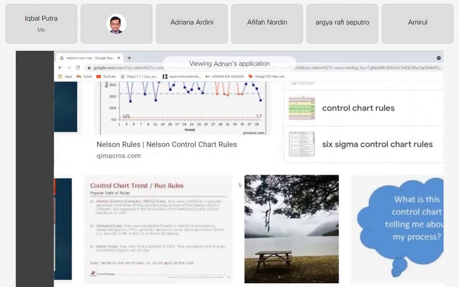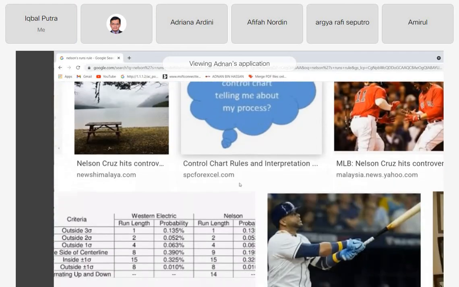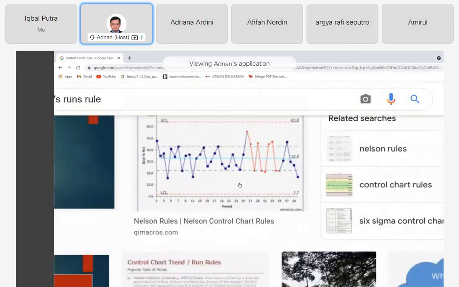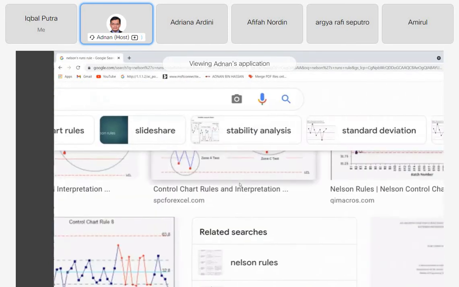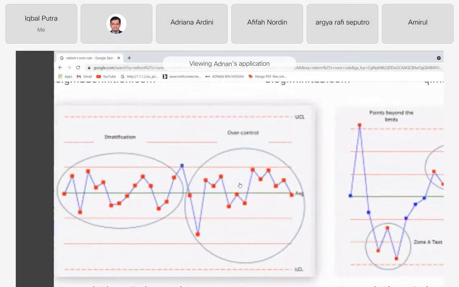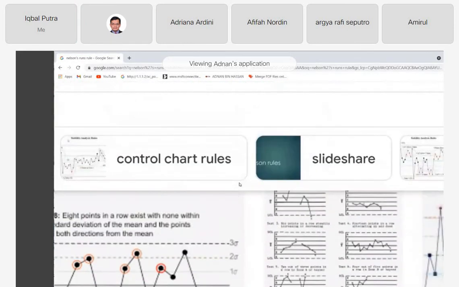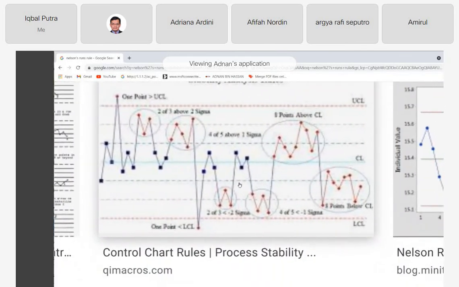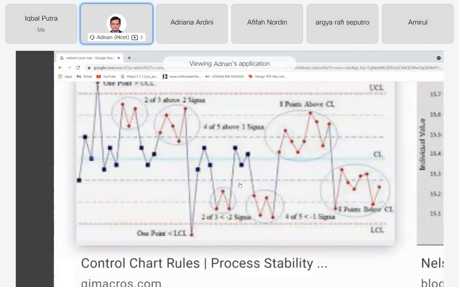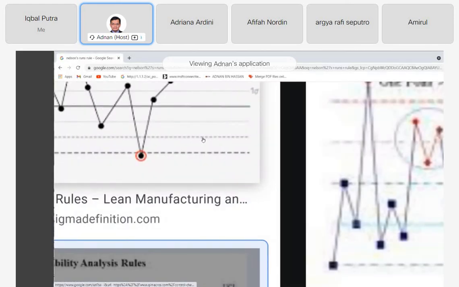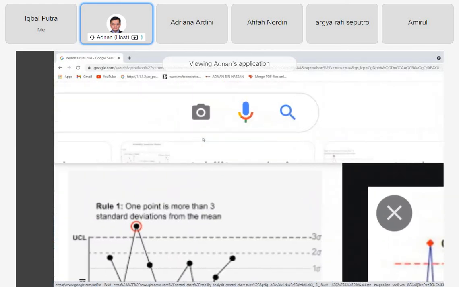There is a diagram showing how you can divide into these areas. I think this one is a bit blurry, but it explains what I have just shown.